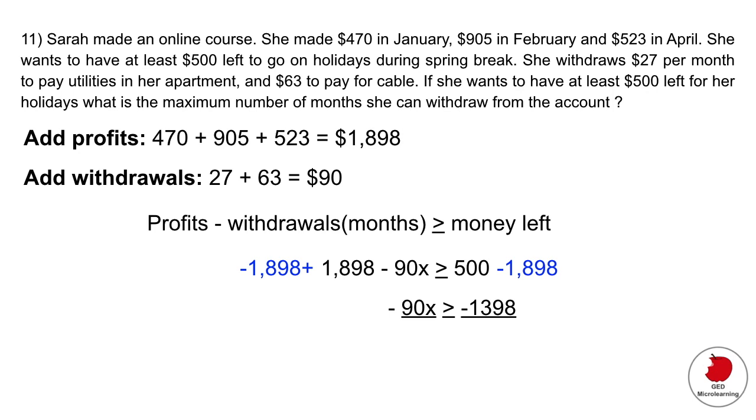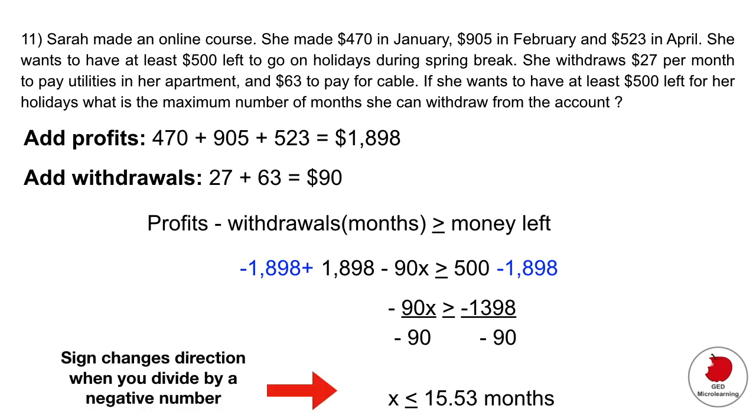And now to isolate x, we would divide both sides by minus 90. And that gives us this amount. So notice that when I divided by the minus 90, the direction of the sign changed, right? Initially it was greater than or equal to, and now it's less than or equal to. The reason for this is that there is a rule that says that when you divide by a negative number, the sign is going to change direction.